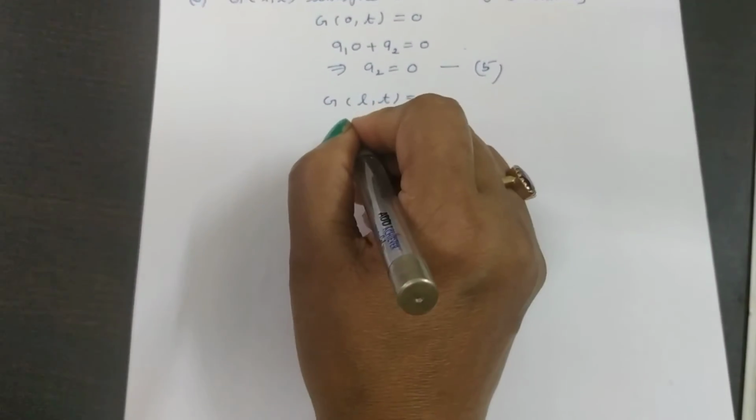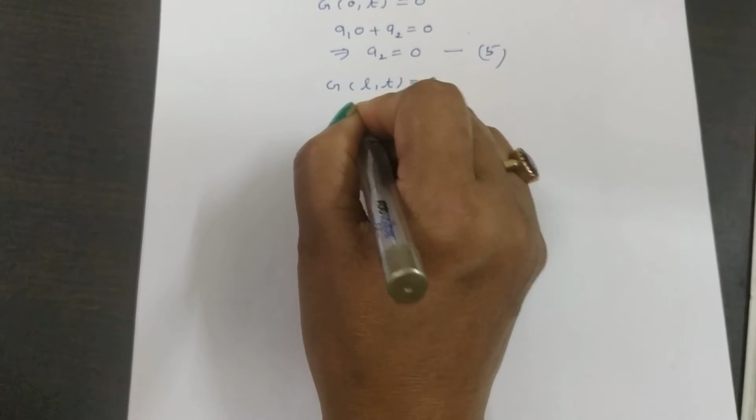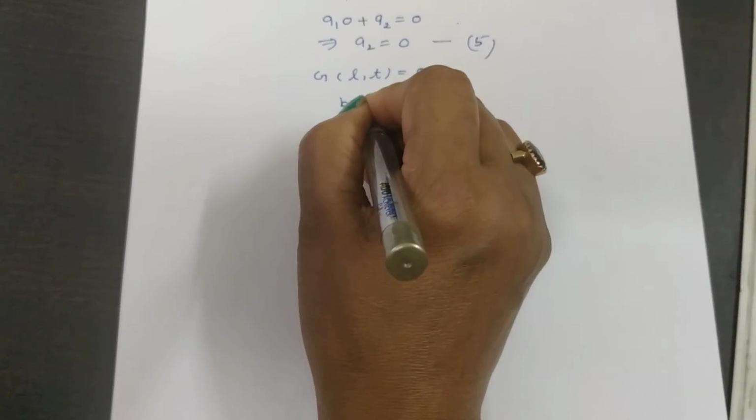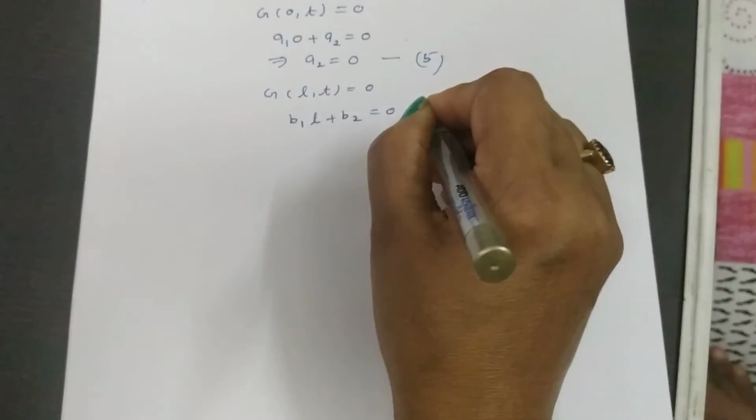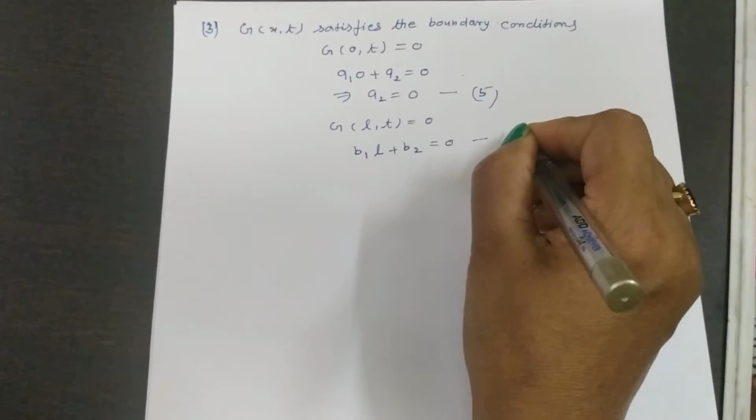According to this it can be written as b1 L plus b2 is equal to 0, equation number 6.